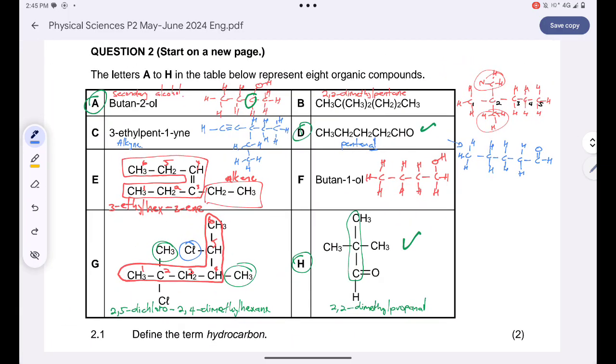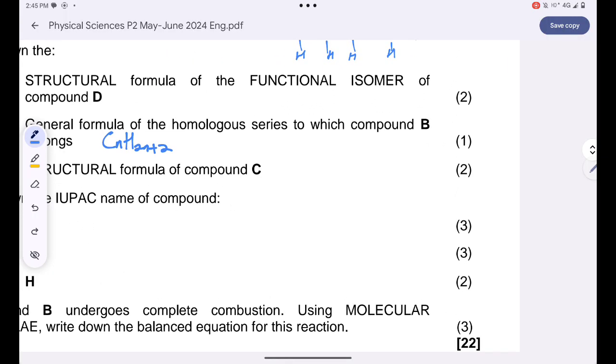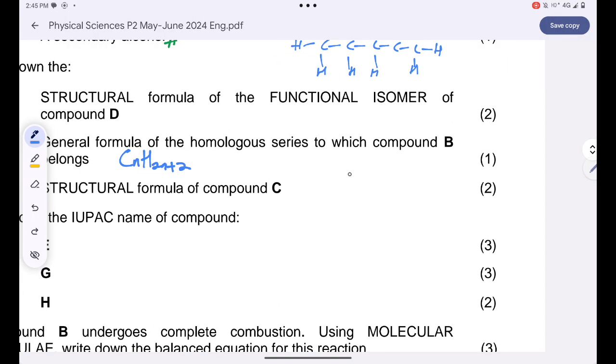Compound C is 3-ethylpent-1-yne. We've already drawn it there, but it's fine, we can redraw it. So the parent chain has 5 carbons. That's the first thing I need to notice. And then on the first carbon, I have my functional group, which is a triple bond.